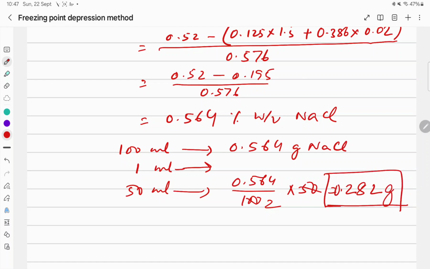So this is the answer. So accordingly we can solve the problems using the freezing point depression method to adjust the tonicity to make the solutions isotonic. Thank you.